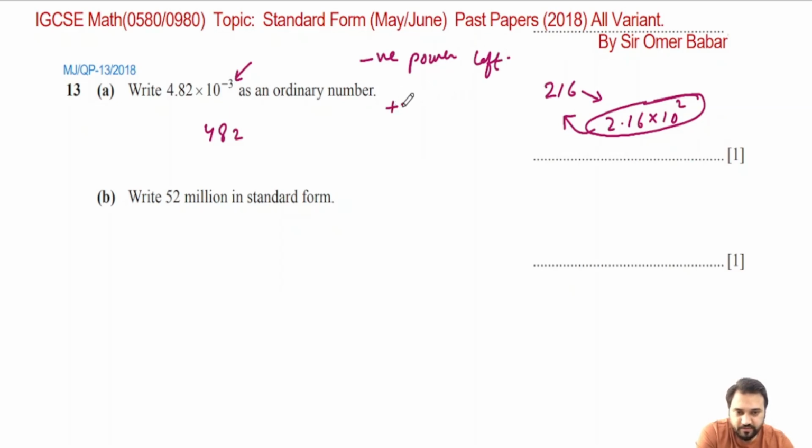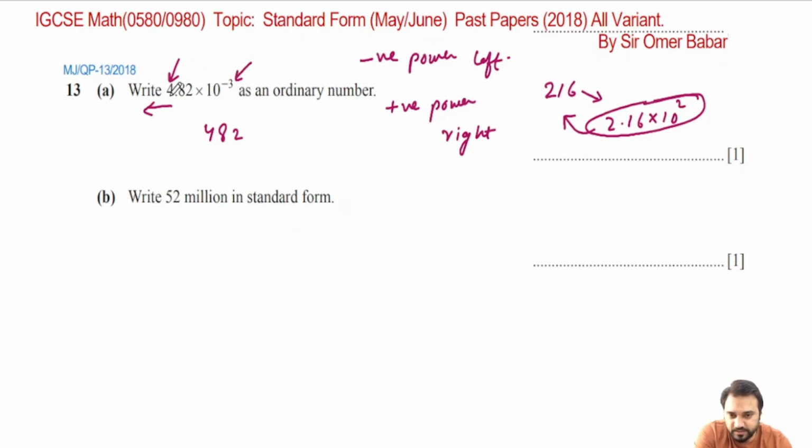And if we have the positive power, it means we have to move on the right side of our first non-zero digit. Here the first non-zero digit is 4 and our 10 power is negative. It means we have to move on the left side. So how many digits? 3 digits.